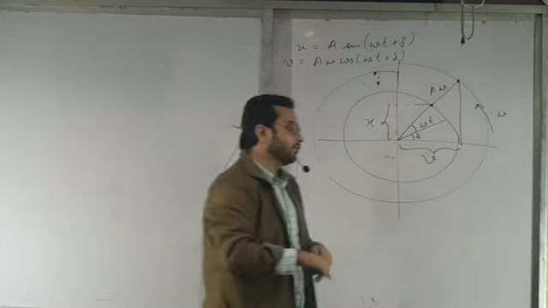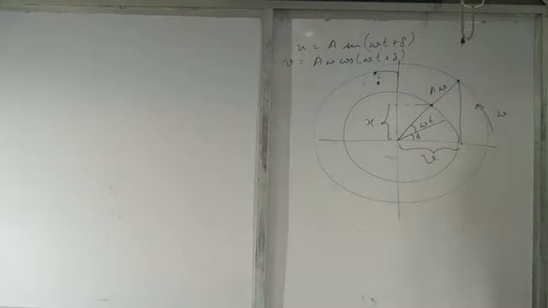All right, so write this question. x is equal to 5 sine (20t plus pi by 3), where x is in centimeters and t is in seconds.